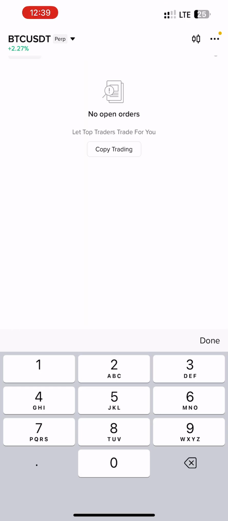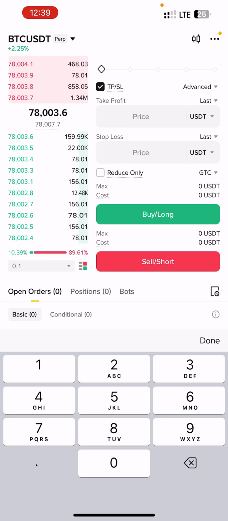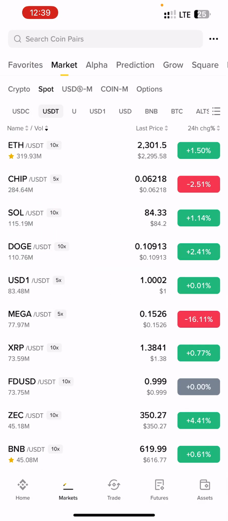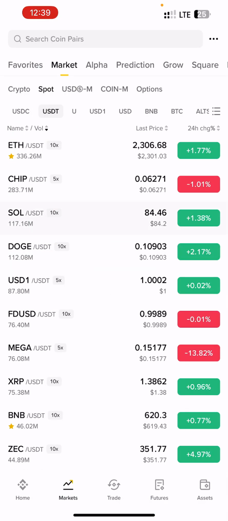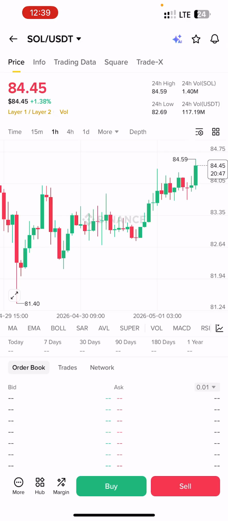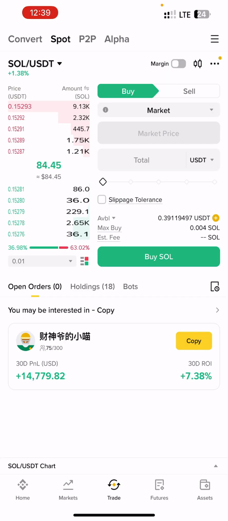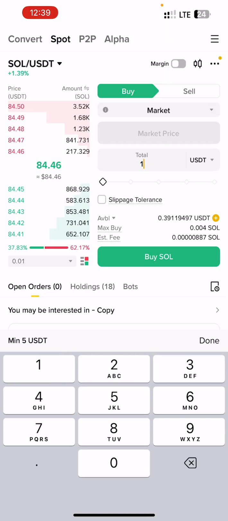Before I close this, let me also show you the way to put your take profit and SL in the market order. All right, so now this is market. We have $100,000.